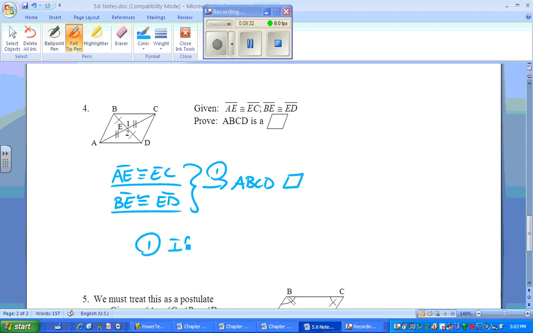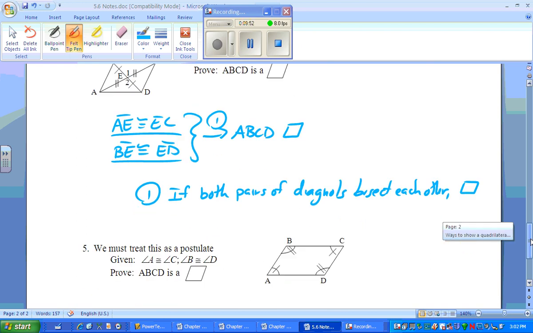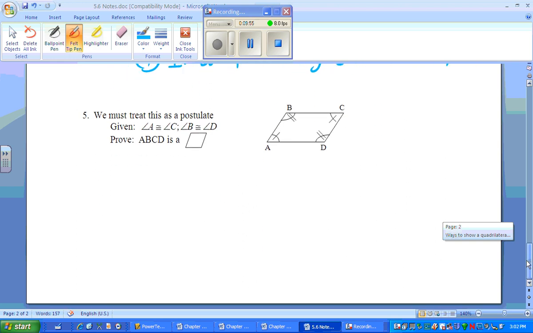This one, if both pairs of diagonals bisect each other, parallelogram. I know they're kind of long-winded, but everybody's is going to be different. Make sure you just get all the information you need.